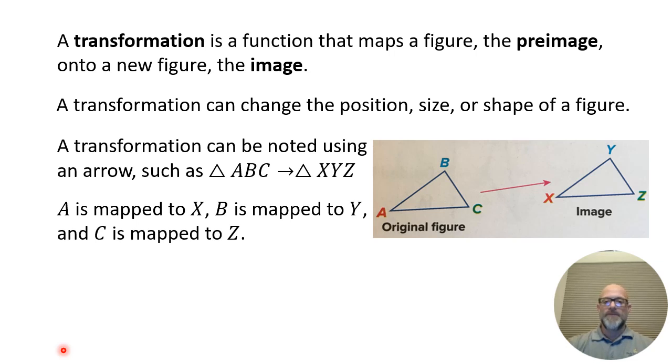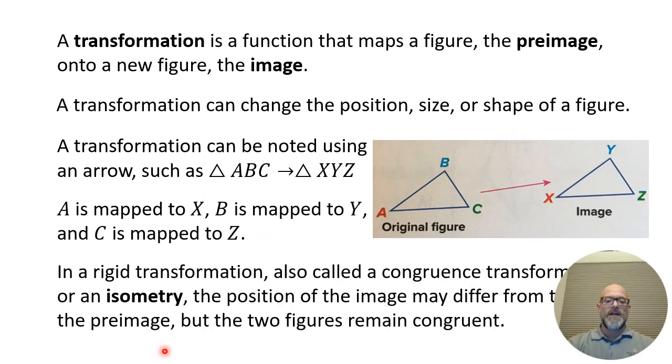All right. So we know what a function is. It's a machine that takes an input, spits out output. We know what a transformation is. It's a function that takes in a preimage and spits out an image, where the preimage and image are figures, usually geometrical figures like this. All right. If you have a rigid transformation, that's a special kind of transformation, a special kind of function.